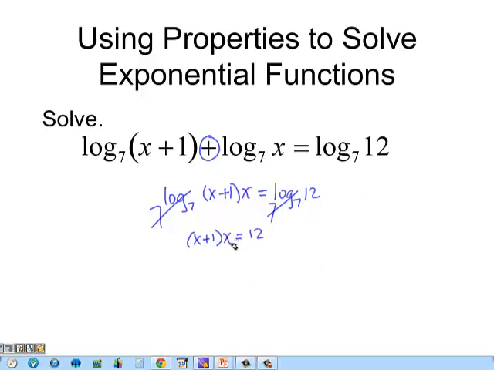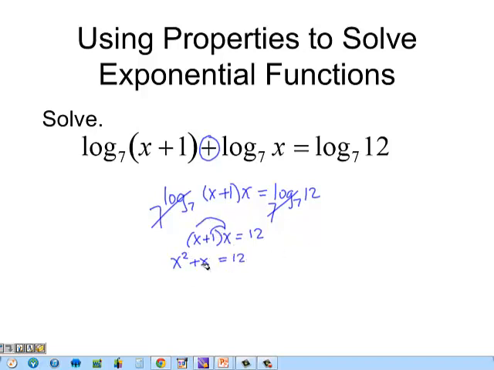Now normally I don't like to distribute things out because it makes it worse, but we have a quadratic, and when we are trying to solve a quadratic, an x squared equation, I have to have a 0 on this side. So now I do have to FOIL this or distribute this. So this would be x squared plus x is equal to 12.